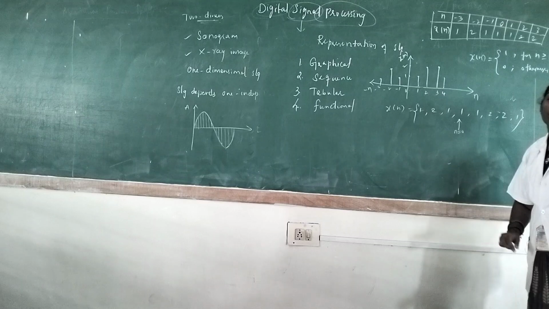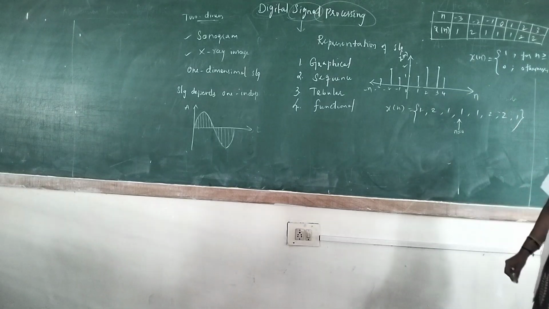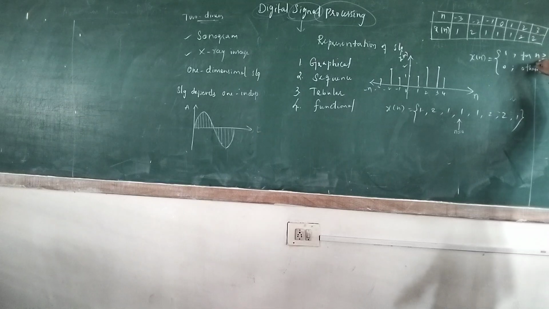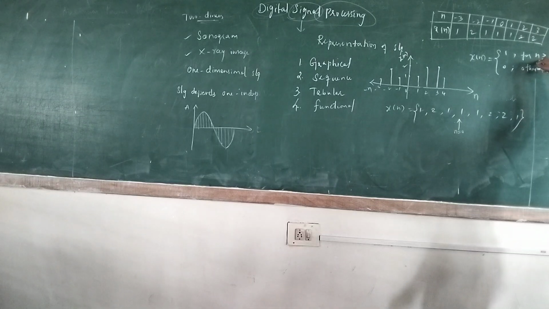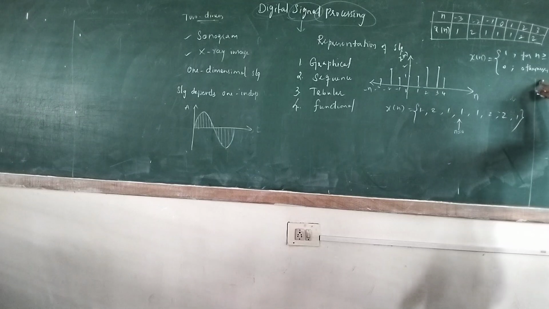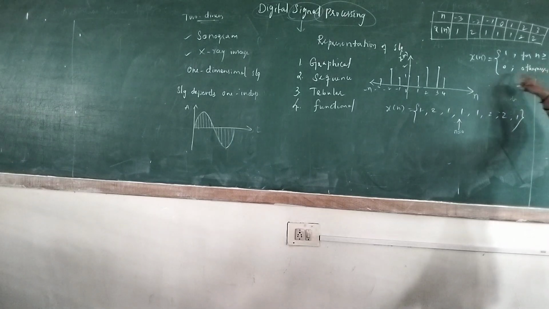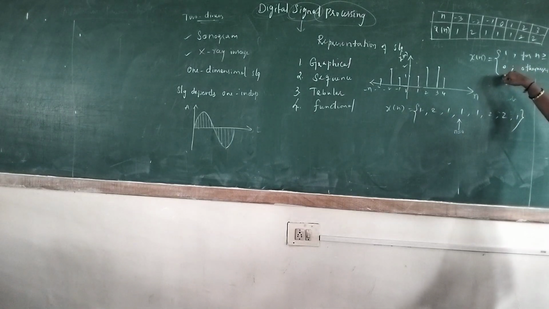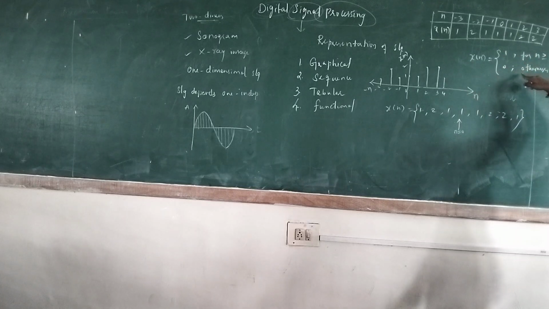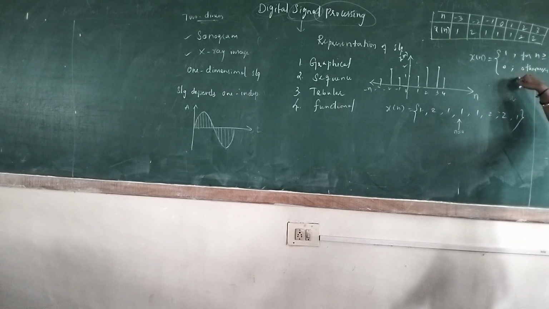This is the representation of a signal in functional form. Here you can see the condition: if the sample n is greater than or equal to 0, then the value is 1. In the remaining cases, that is n less than 0, the value will be 0.